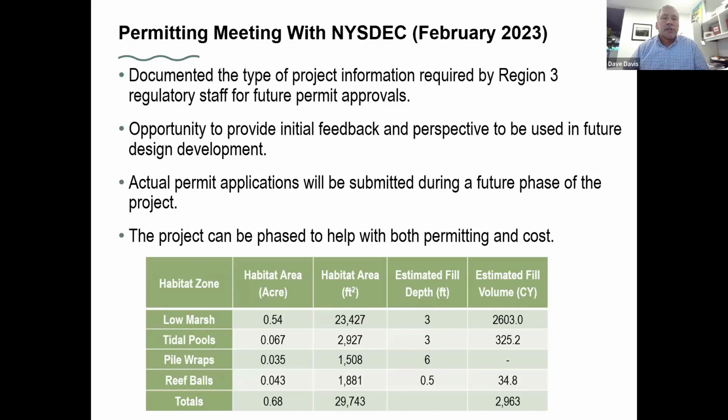There was also a discussion about some of the potential upland permitting challenges, and we would potentially have to look at doing more studies and assessments of potential fill and any contamination issues on site, and any remediation of that would have to be considered as well in the upland areas.